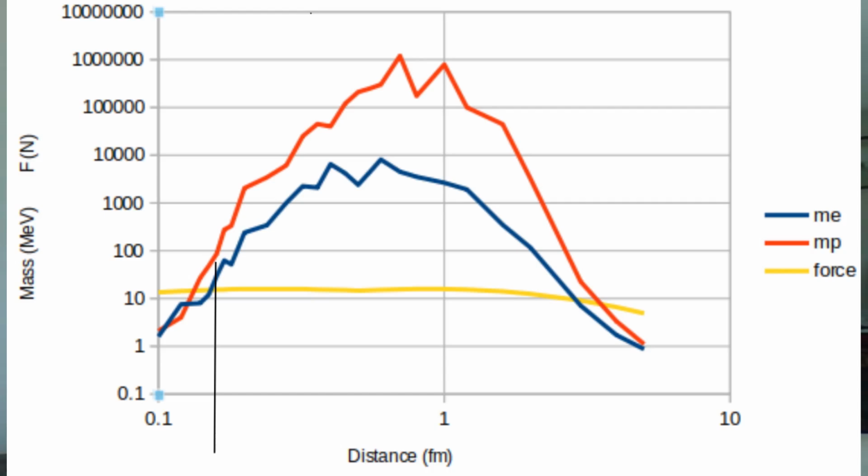The force is not very strong. It's the smallest, lowest graph here, and then you have the electron and the positron. The positron, which is in the center, has the strongest mass, and the electrons around it have somewhat smaller mass. So you can play around with this a bit.